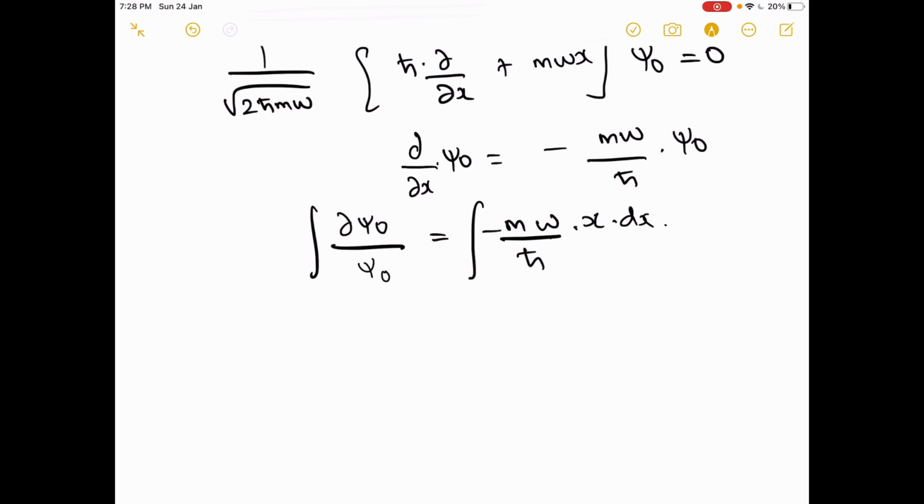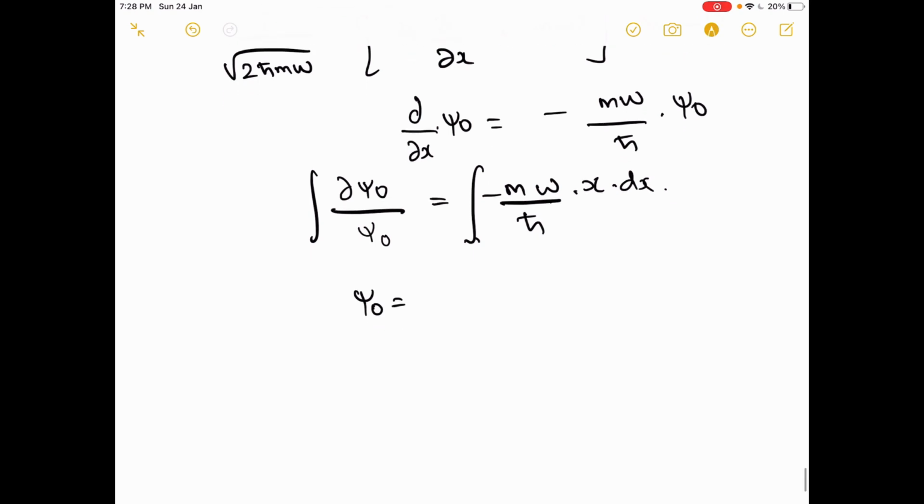Integrate it on both sides. The solution will turn out to be psi naught equals A e power minus m omega by 2 h bar x square.